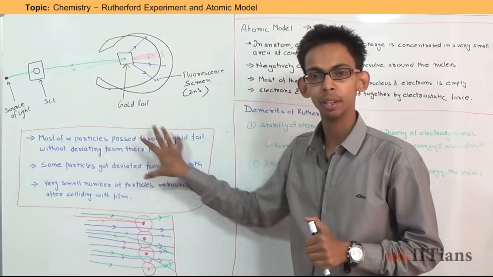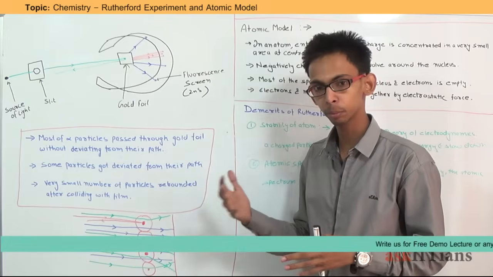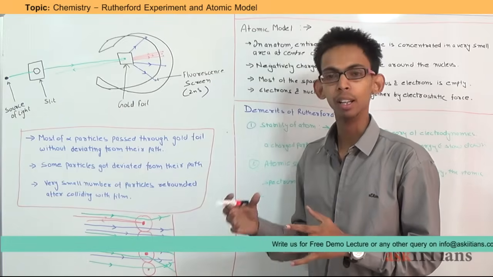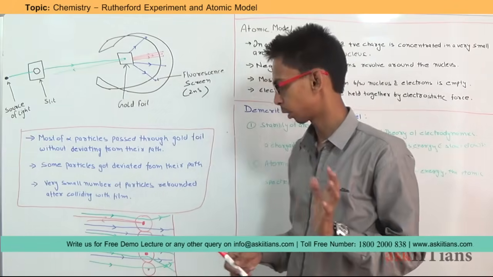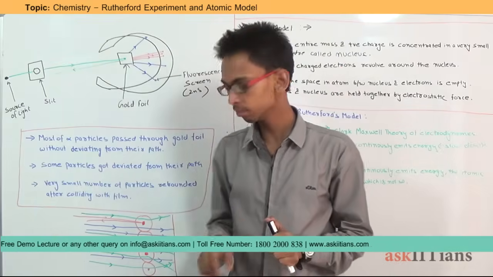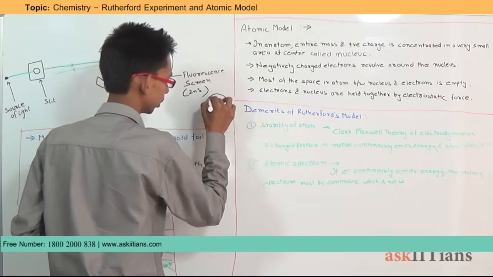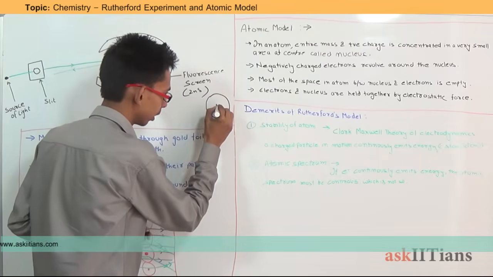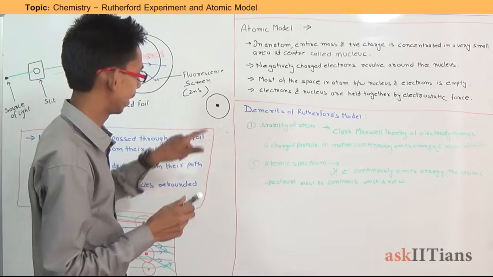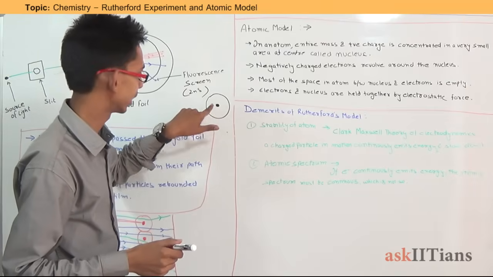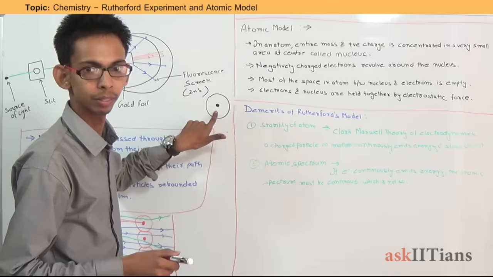Using this experiment, Rutherford proposed a model for the atom, which is known as Rutherford's atomic model. According to him, a very small area at the center of the atom is positively charged, and this was known as the nucleus, and this was the discovery of the nucleus by Rutherford.